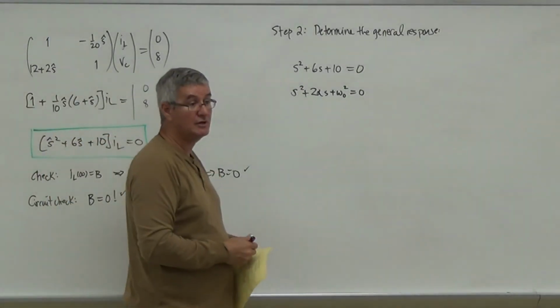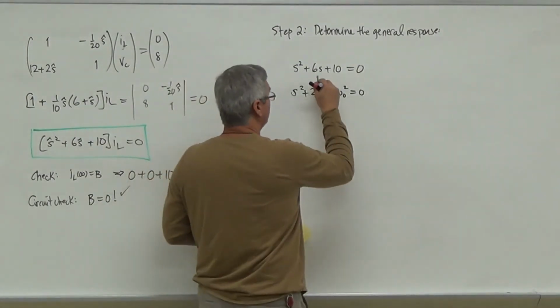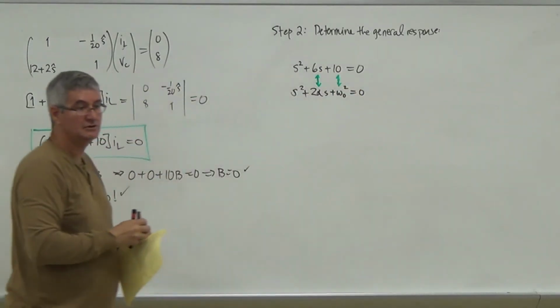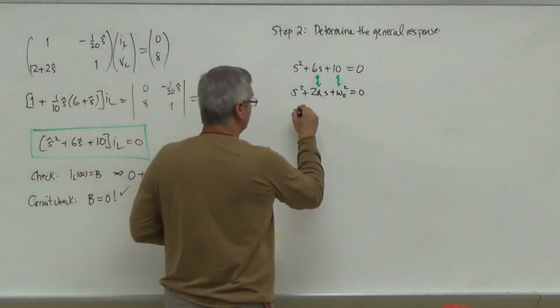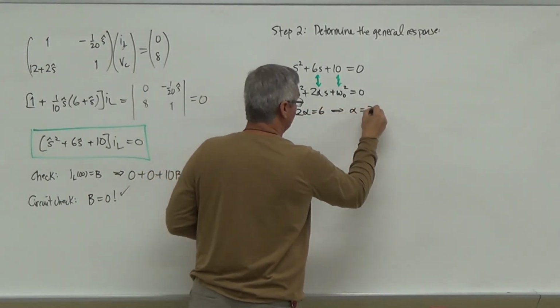Okay, so what I'm going to do here is that, look what I did. Here's the characteristic equation. So what am I doing? I'm comparing these two terms and these two terms. So if I compare these two terms here, you see that 2 alpha equals 6. That immediately tells me that alpha is equal to 3.